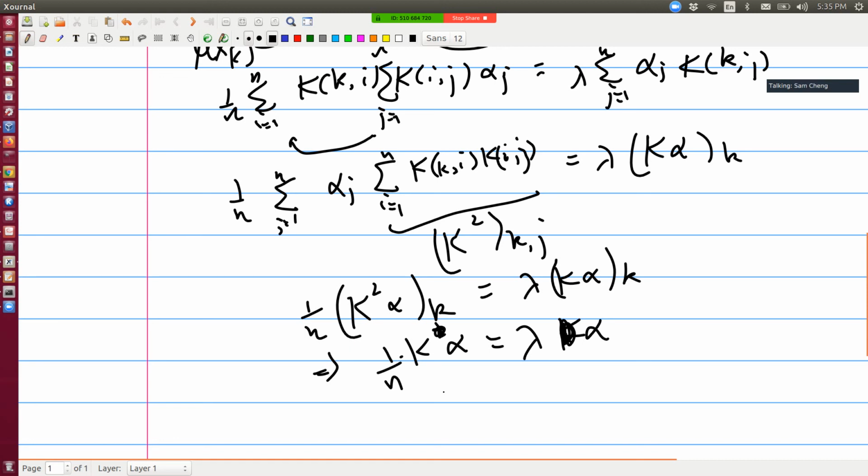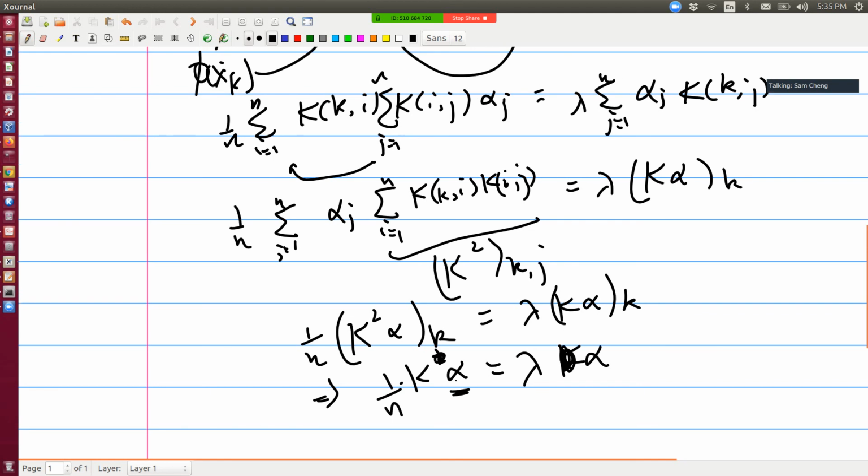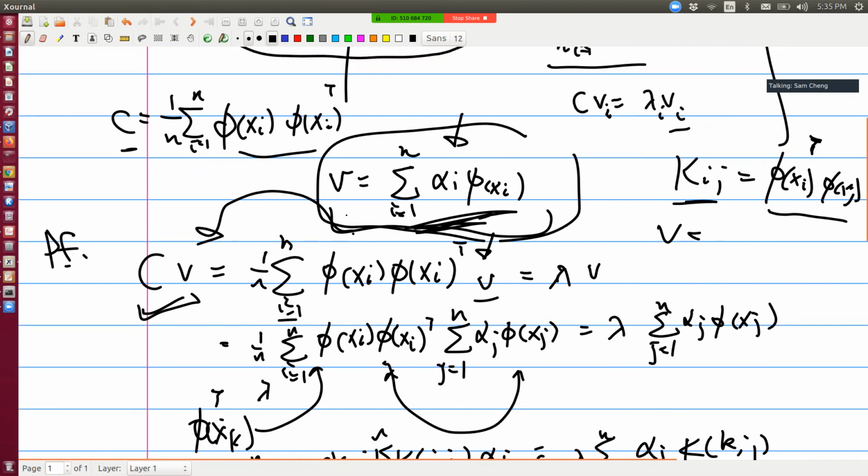So that's super nice. That means alpha has to be, remember what alpha is? We say that the kernel principal component can be linearly decomposed into a weighted sum of the phi xi, with weights alpha, right?